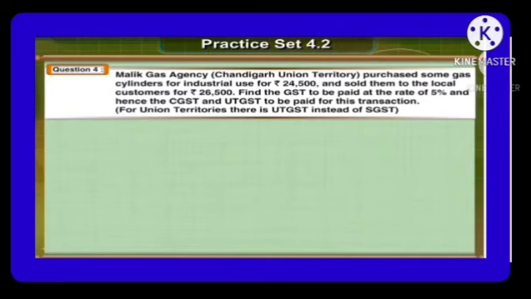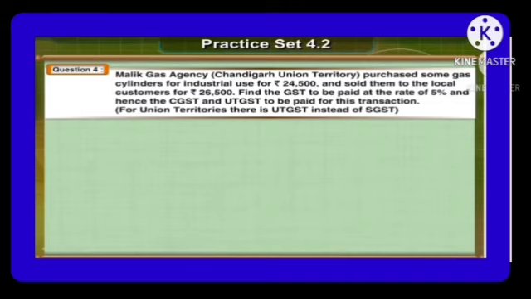Find the GST to be paid at the rate of 5% and hence the CGST and UTGST to be paid for this transaction. For Union Territory, there is UTGST instead of SGST.